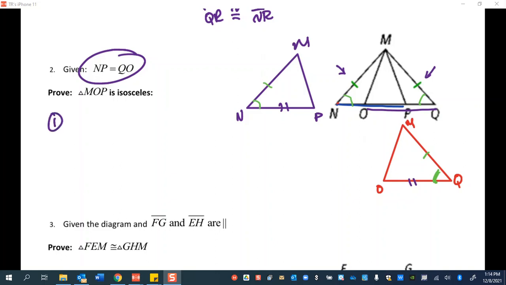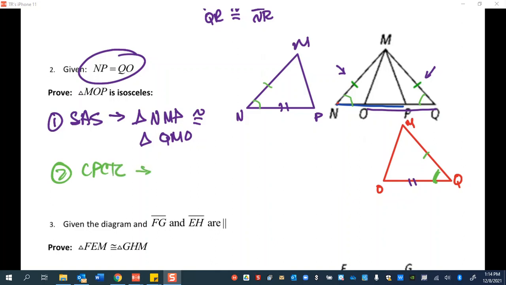So my first idea is side angle side is going to give me the fact that triangle NMP is congruent to triangle QMO. So now I've got those two triangles congruent. What can I gather through CPCTC?